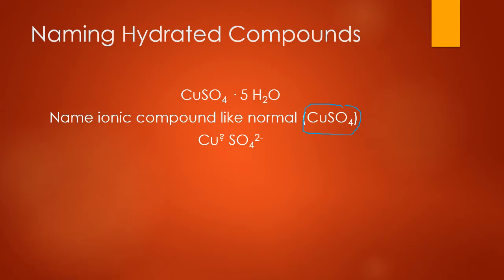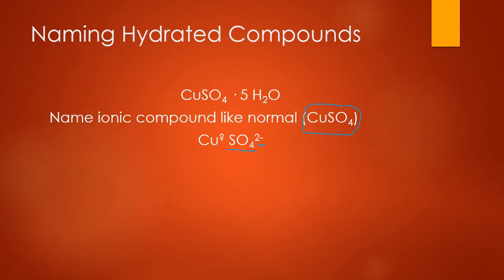How do I figure out the charge on copper? You use what it's attached to, so we look at the sulfate ion. When I look up SO4 in my polyatomic tables, I see that it has a charge of -2. Now this compound as a whole needs to be neutral.